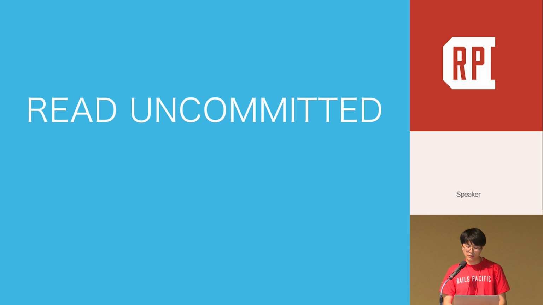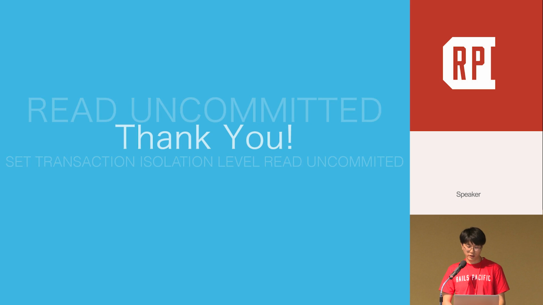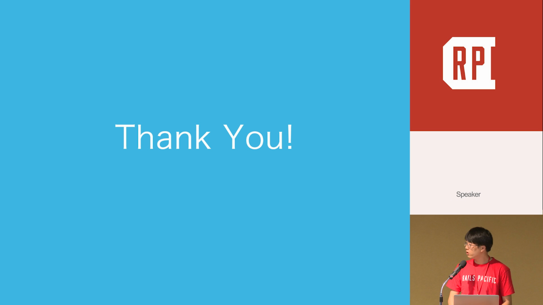It's the most useless isolation level, which we should never use because it will give unexpected results. PostgreSQL doesn't support this level, but it will just treat it the same as read committed. Okay, so that's all.